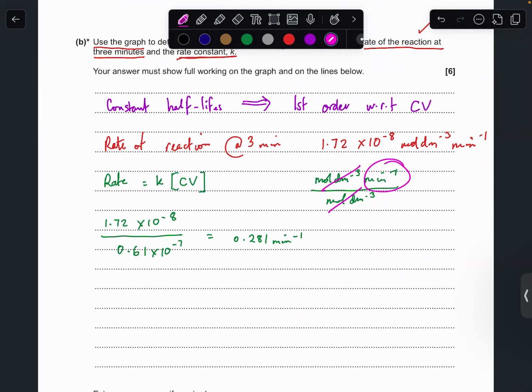The K constant is equal to the natural log of 2 divided by the half-life. We calculated the half-life as 2.5 minutes.